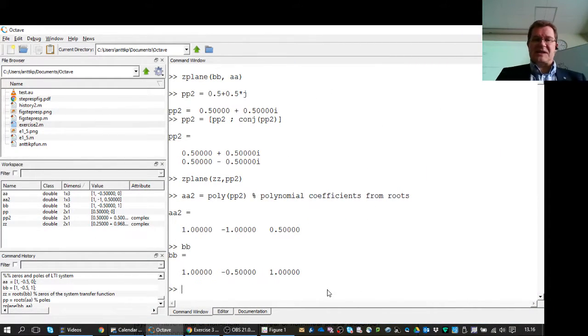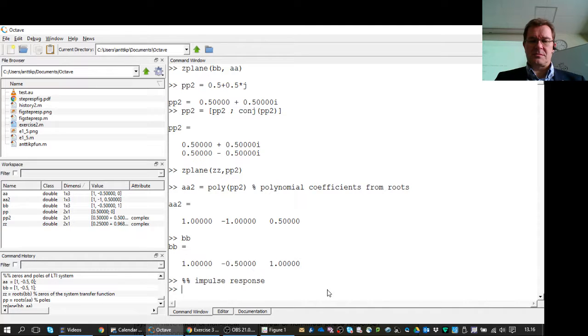There we go. So let's calculate the impulse response then. First we need the impulse. And for the impulse we need the indexes, the points of interest. I usually start from negative values and then let the impulse go long enough. How long should it be at least?